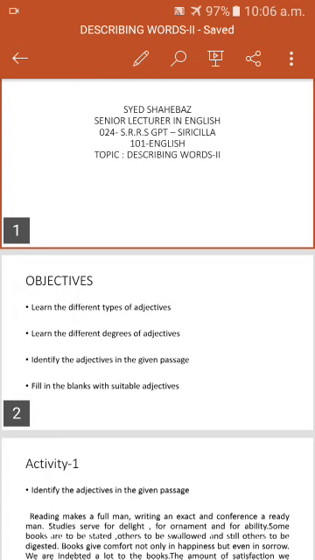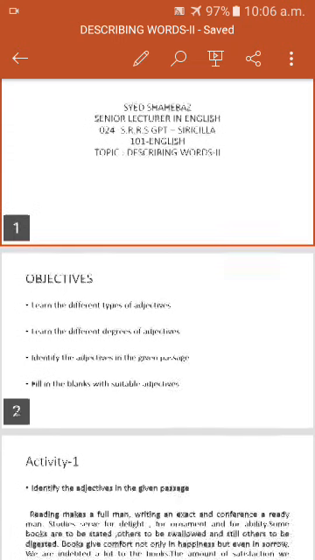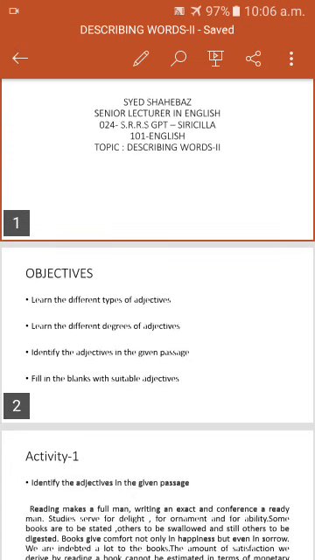We also discussed different kinds of adjectives, like adjective of quality, adjective of quantity, demonstrative adjective, interrogative adjective, adjective of number, proper adjective, exclamatory adjective, emphasizing adjective. These are the different kinds of adjectives.